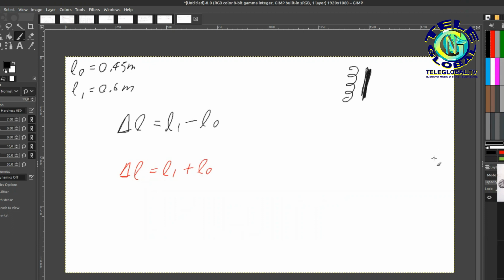So you have this spring, and it has no force applied to it. Its length is L0, okay? Then you apply a force to it. Your spring stretches. Its length is now L1, okay?